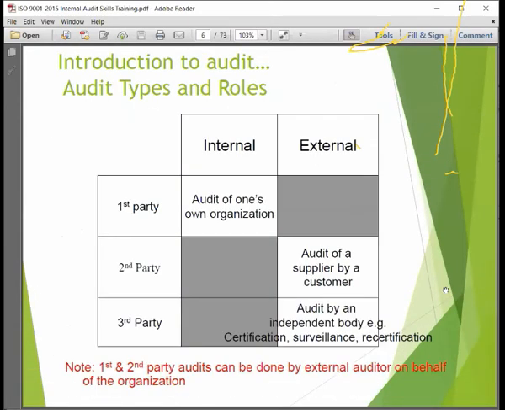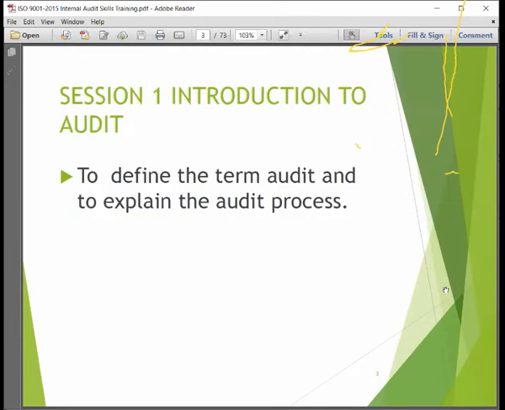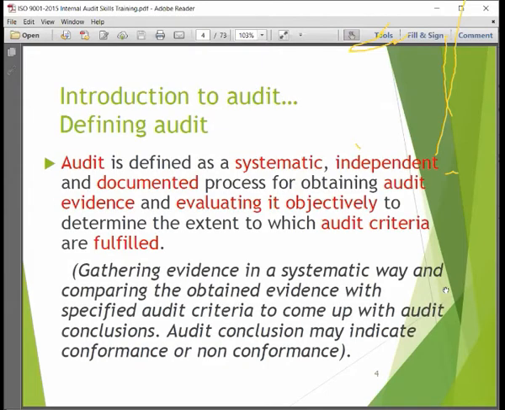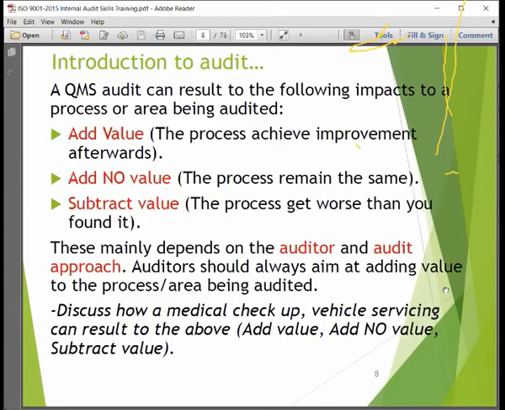Session 1 was just to define the term audit, which we defined as an independent, systematic process. And we have also explained the audit process, the value-adding audits, what you need to look at, and so forth. So I think we are good to go. That was session 1.